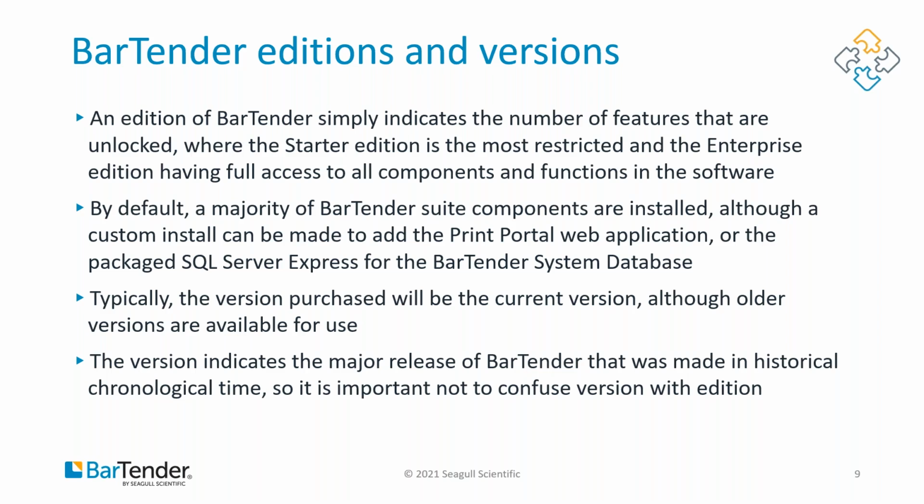The version, of course, indicates a major release of BarTender in historical chronological time. So that's just when we launched or released the software, and of course the features that came with that particular version release. So it's important to differentiate between what a version is and what an edition is.